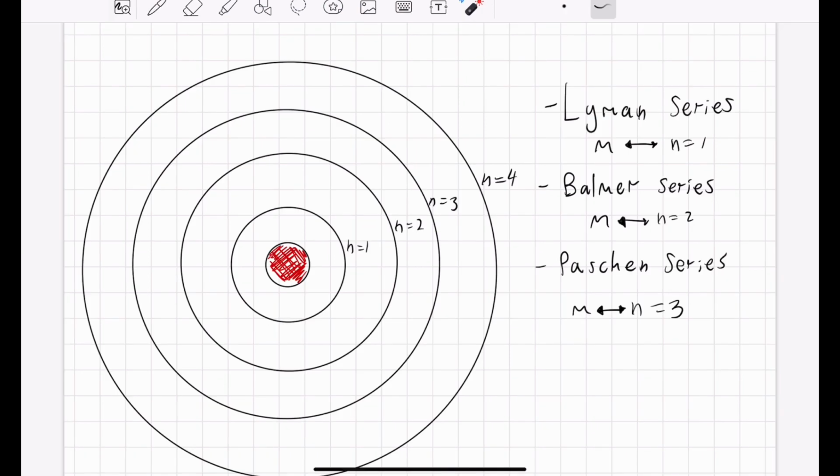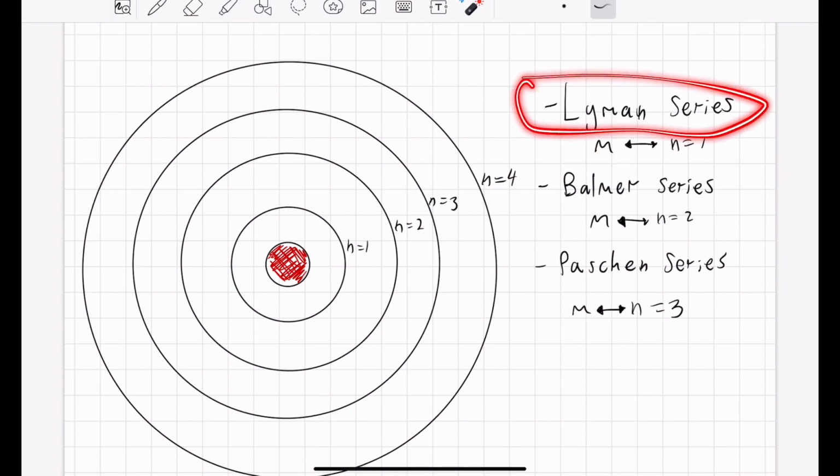I'd mentioned that there are different photons that can be absorbed, and depending on the energies of those photons, there's different jumps in energy levels. And here's some terms you might need to remember for that. So jumps from n equals 1 to any energy level are called Lyman series.